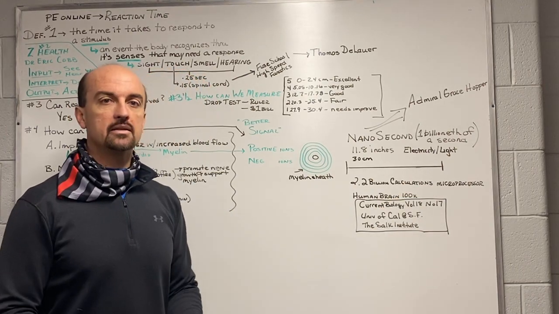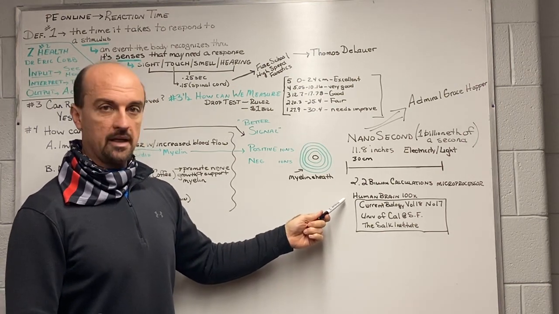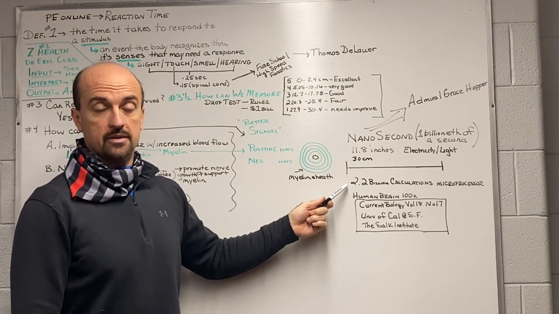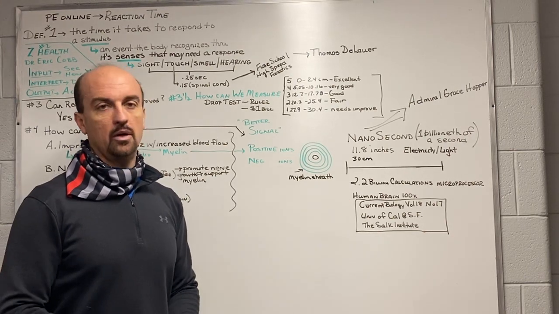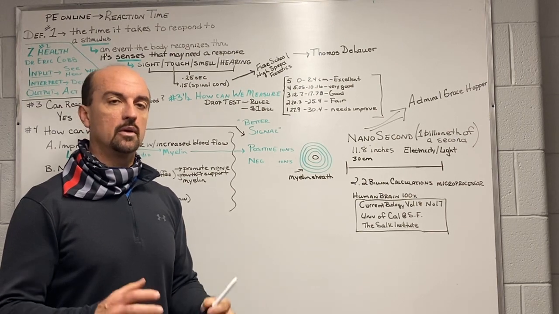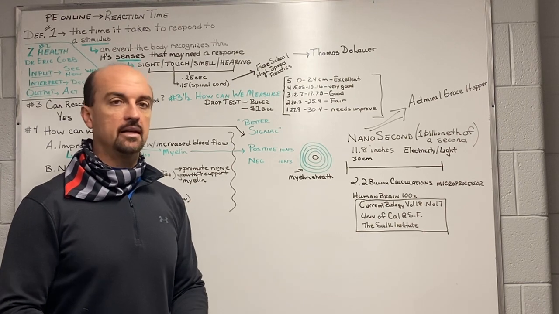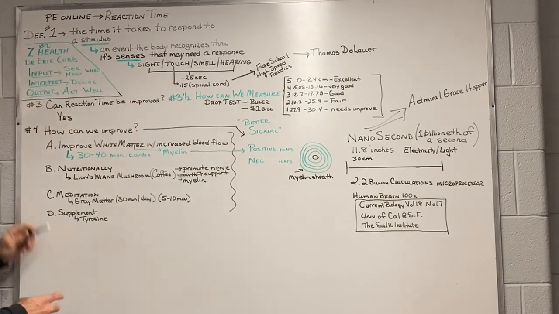That sounds pretty impressive, except when we compare it to the human brain, which can do that 100 times, or 100-fold, greater. So the human brain is what we are talking about today when we are regarding reaction time and understanding reaction time. Okay. So let's go up here.